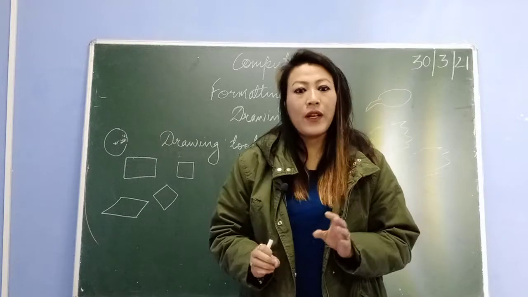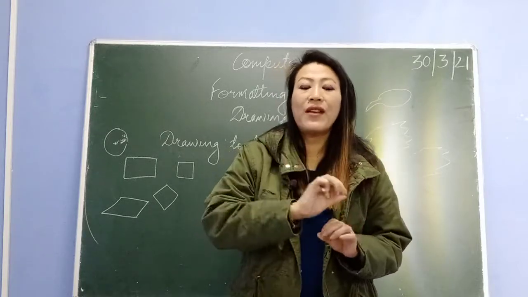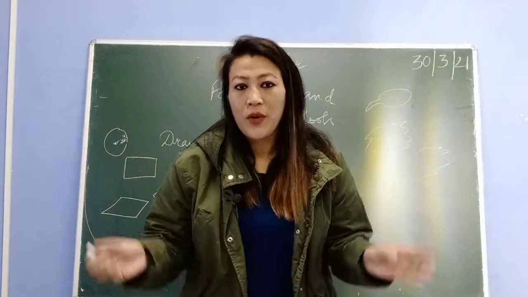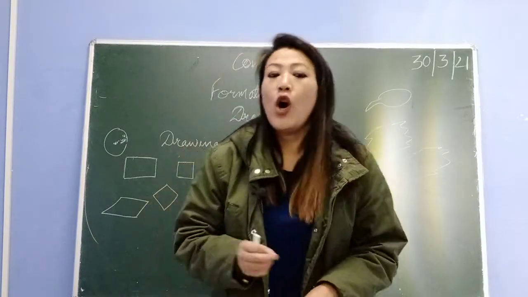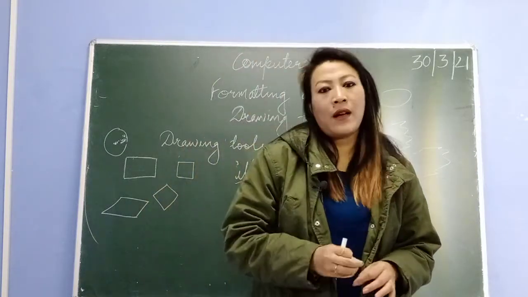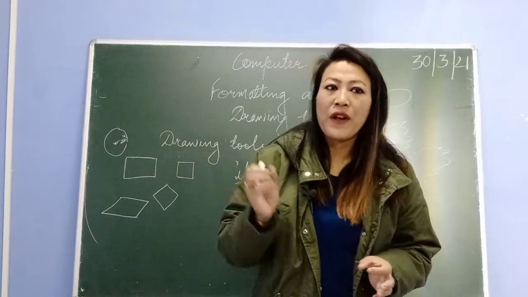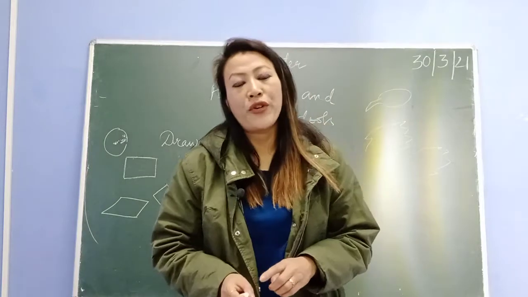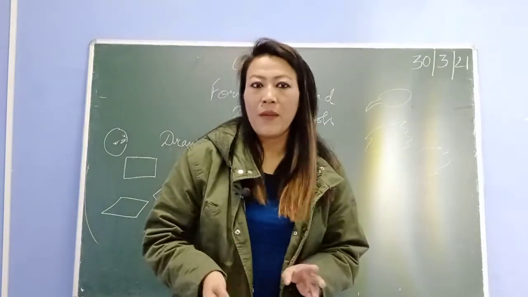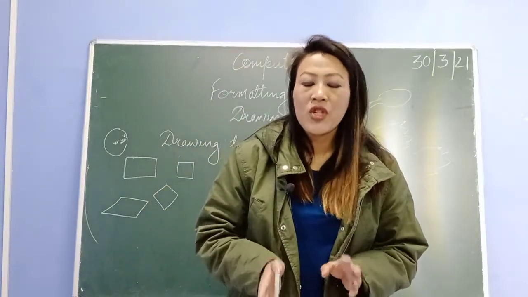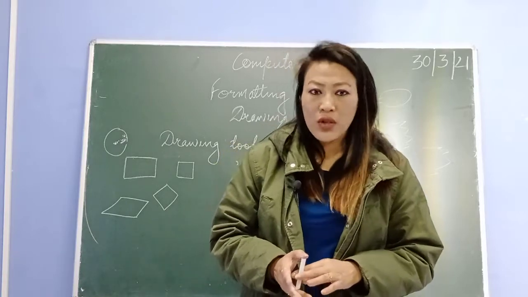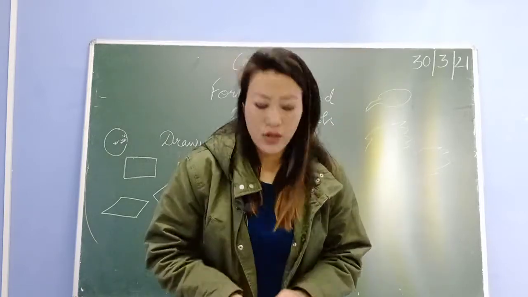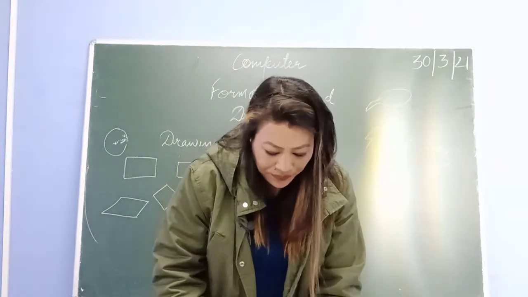After you get that shape, you can resize it, increase or decrease its size, fill different colors inside the shape, or change the border color of the shape. You can do anything, because in this chapter we are discussing formatting and drawing tools. So you can format your shapes, your text, and your document.